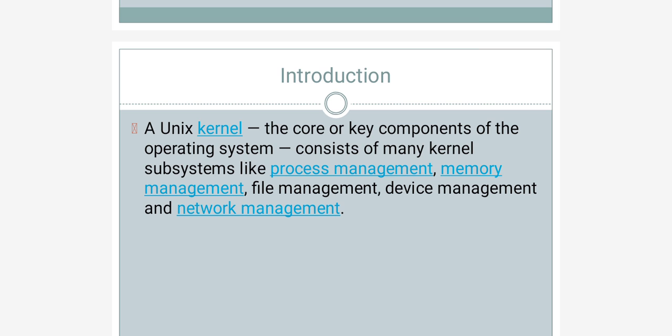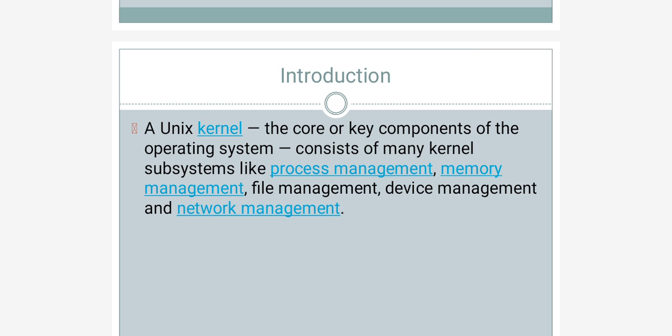Suppose we are going to open a file, or open a document, or use a browser, or use some other software that you have in your operating system, all of those things will be a collection of processes, sub-processes, or tasks. For all of these, you need the support of process management. Without the support of process management, we won't be able to do any actions or executions in your operating system.